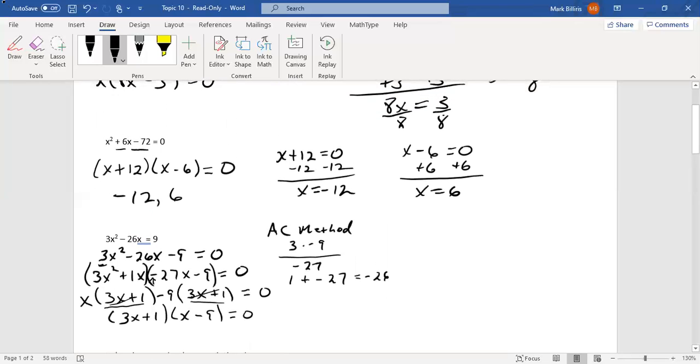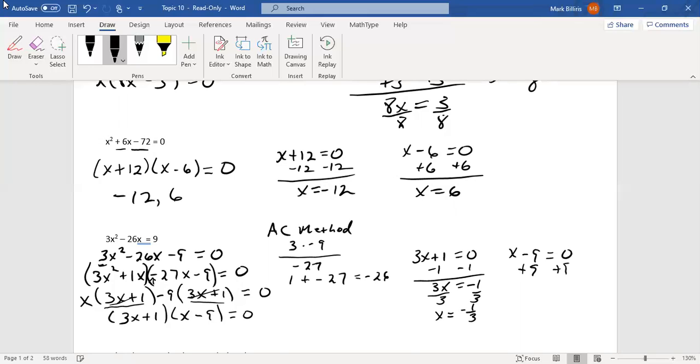Now we're going to set each factor to 0 and solve. So we set 3x plus 1 equals 0 and x minus 9 equals 0, and now we're going to solve for x. One of our solutions is negative 1/3, and the other solution is 9.